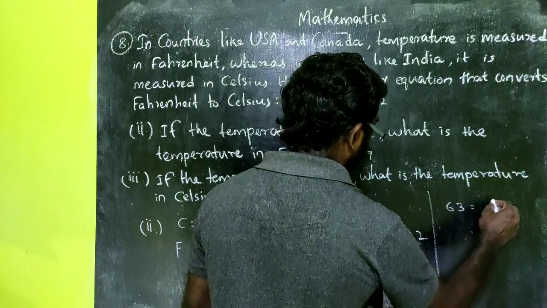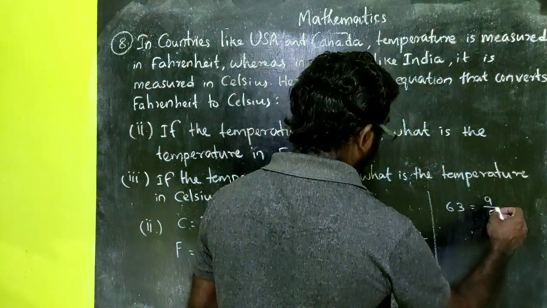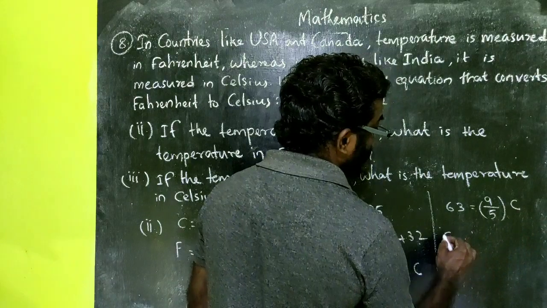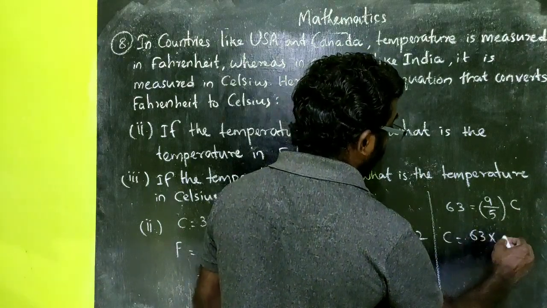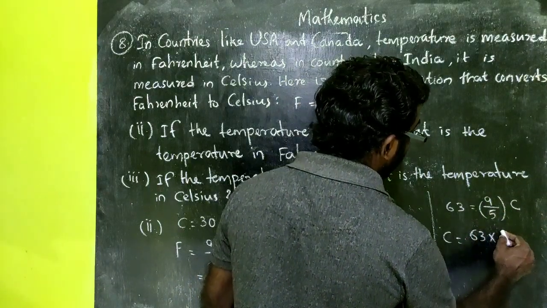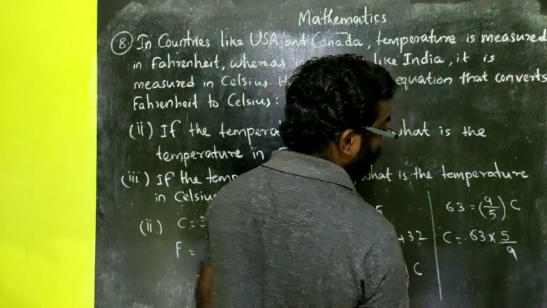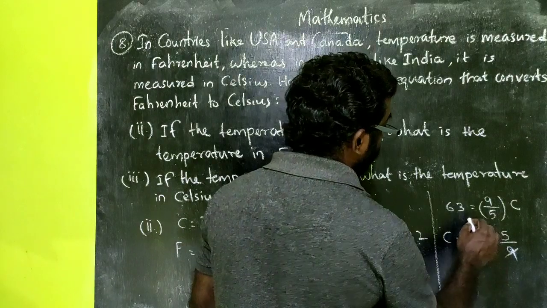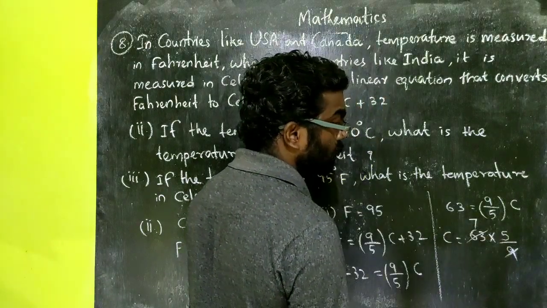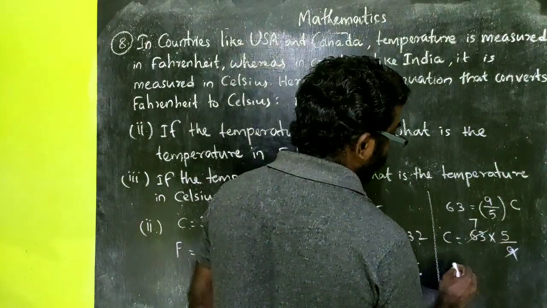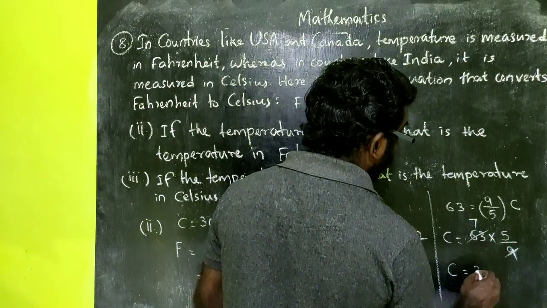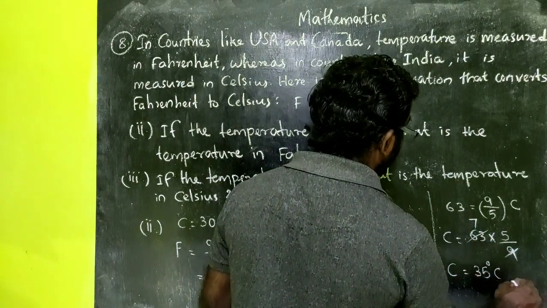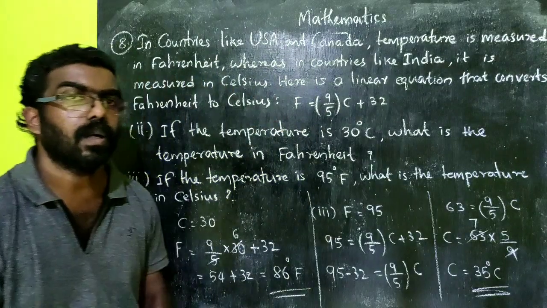So 63 equal to 9 by 5 C, or C is equal to 63 into the reciprocal of this fraction, 5 by 9. This 9 and 63 we can cancel. 9 7s are 63. So C is equal to 7 into 5, 35 degrees Celsius.